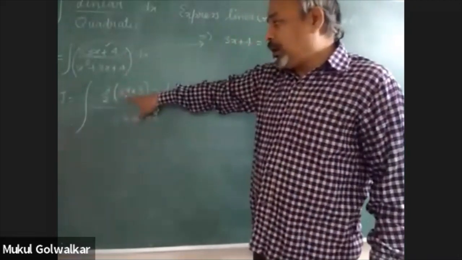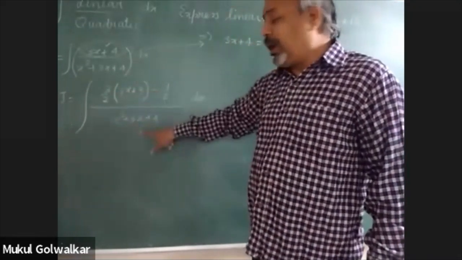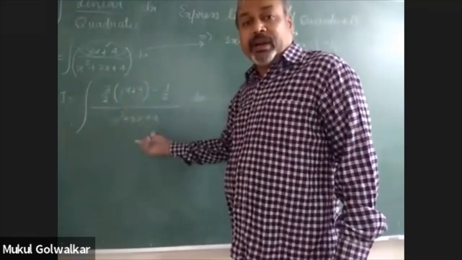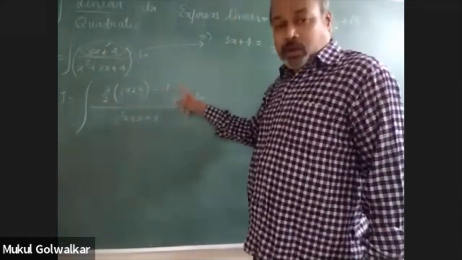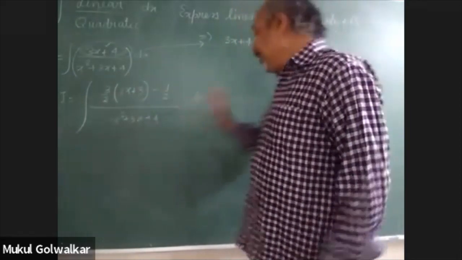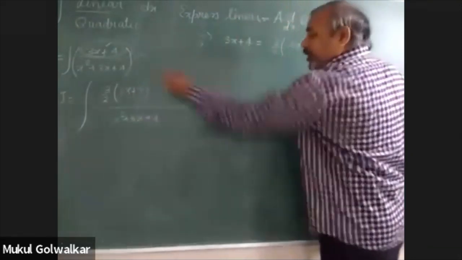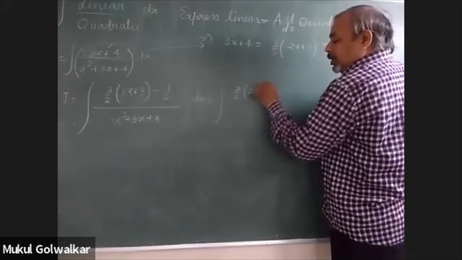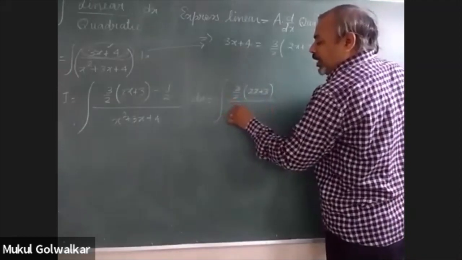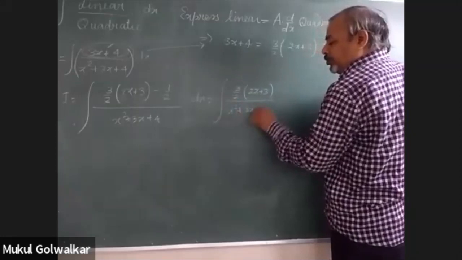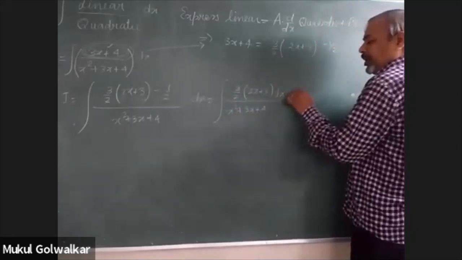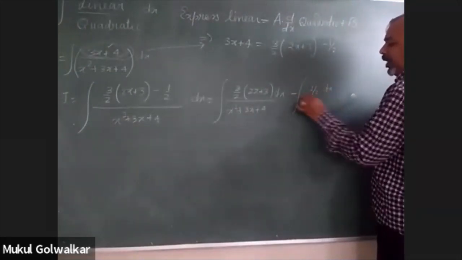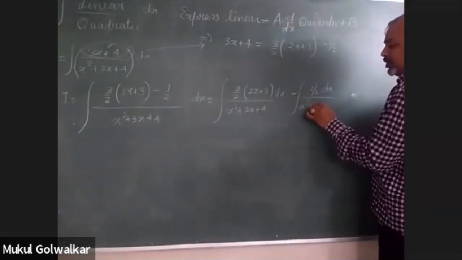Okay? First part, the quantity containing the variable, that is the linear, divided by the quadratic, and second part would be the constant quantity divided by the quadratic. Okay? So this will be broken down further into two different integrals: integral of 3 by 2 times 2x plus 3 divided by x square plus 3x plus 4 dx, minus integral of 1 by 2 divided by x square plus 3x plus 4 dx.